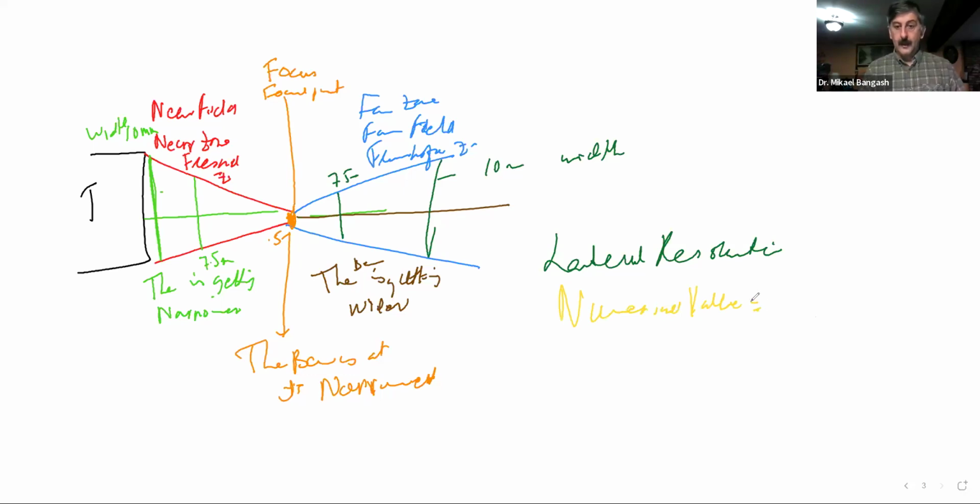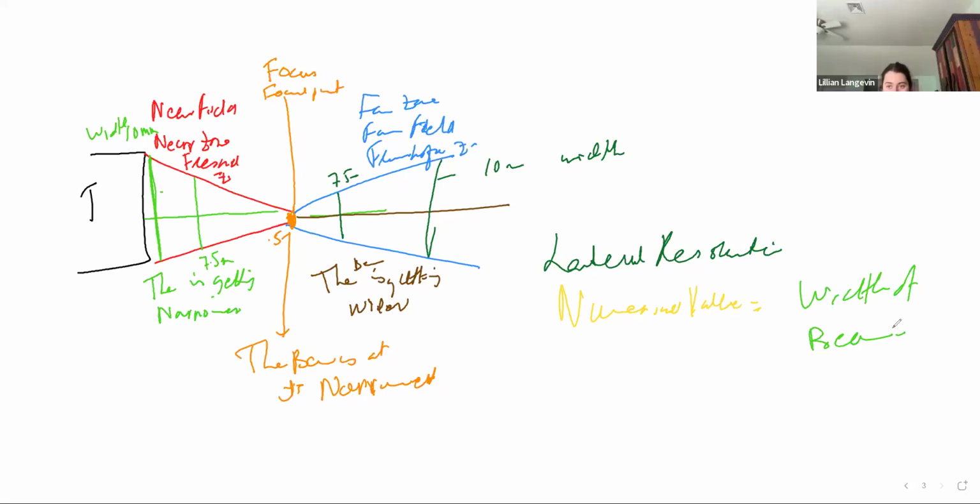And the numerical value of your lateral resolution is nothing more than the width of the beam. Did you guys get that?